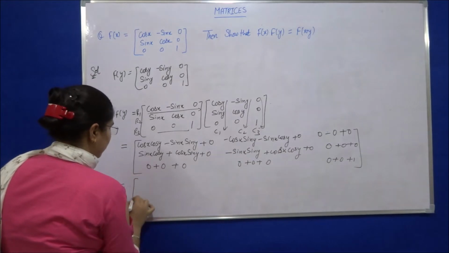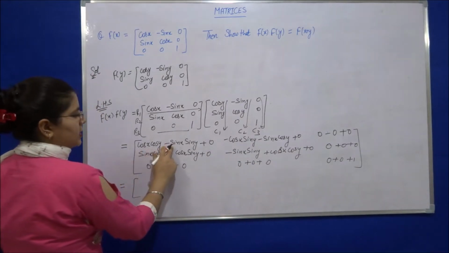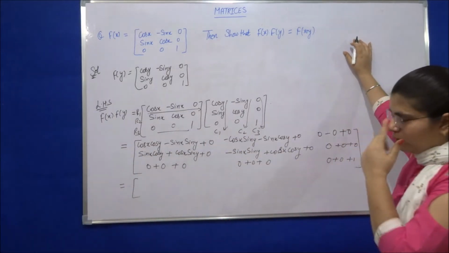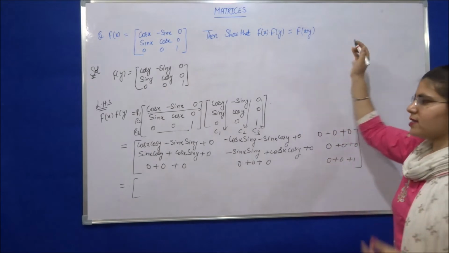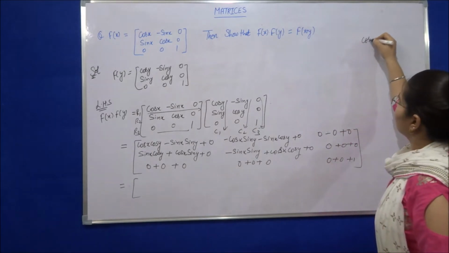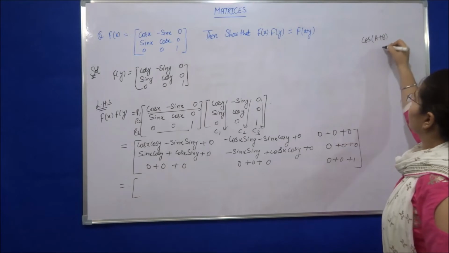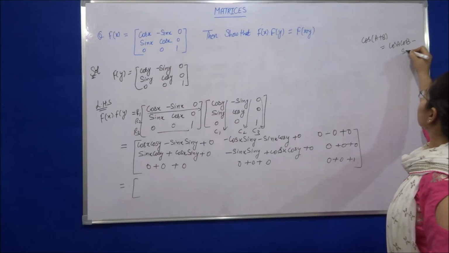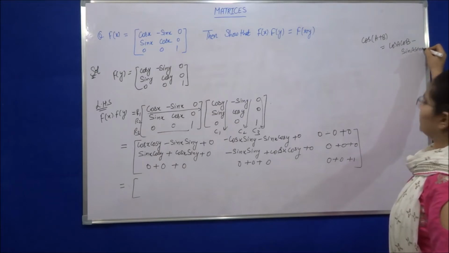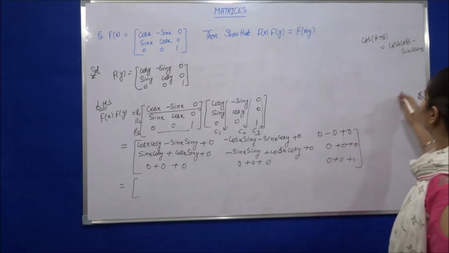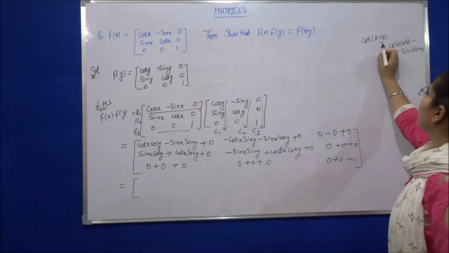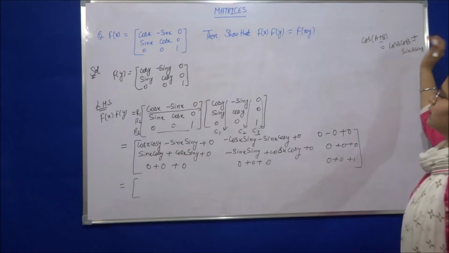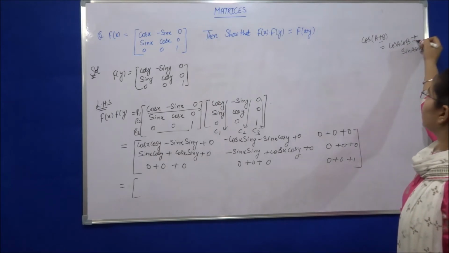Now our matrix will be cos x cos y minus sin x sin y. If you remember the trigonometric formula which we did in the plus 1 class, cos of A plus B is cos A cos B minus sin A sin B. In a similar way, if a minus sign is present here, then plus will be present here.